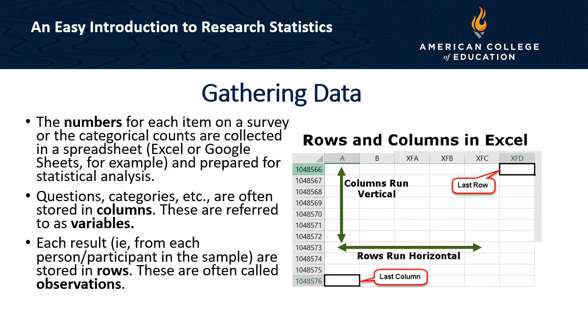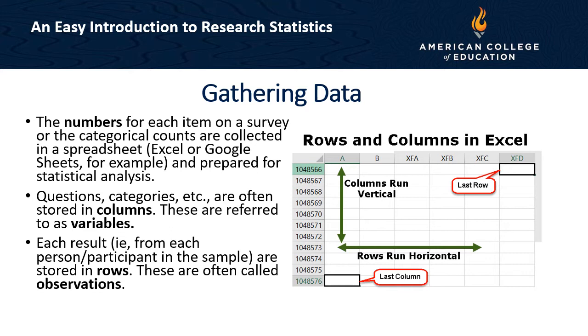Of course, the first step to conducting statistical analysis is to gather data and enter them into a spreadsheet such as Microsoft Excel or Google Sheets. A spreadsheet is organized into columns and rows. Columns run vertical and rows run horizontal.